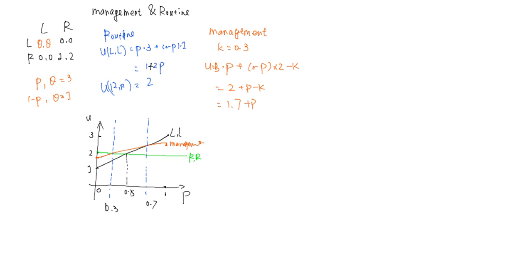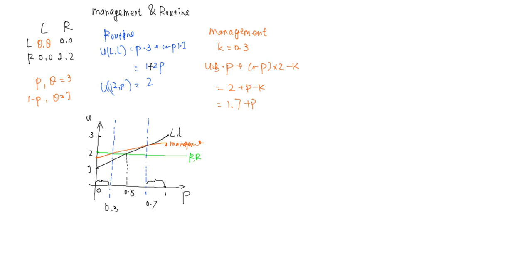When p is from 0 to 0.3, it is very likely that you get a low value. When p is from 0.7 to 1, it's very likely you'll get a high value. When you know the probability, you prefer to work on a certain routine rather than hire the management, because it costs you money, and otherwise you already know what's the optimal thing to do.